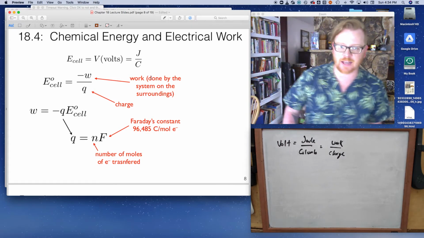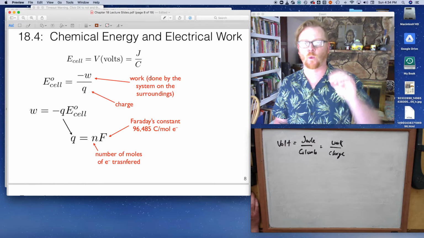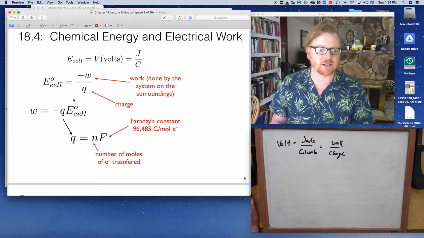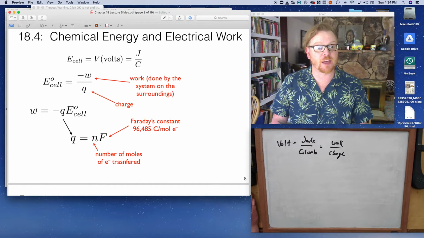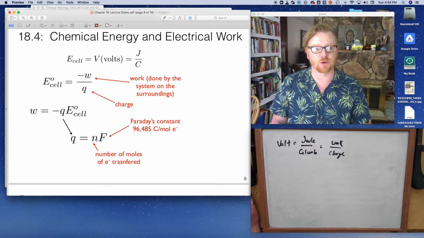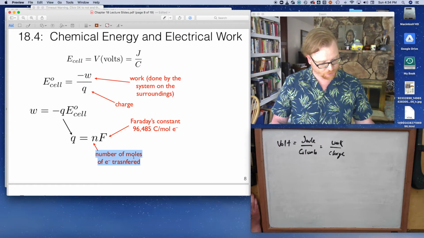This is exothermic work. Our electrochemical cell is doing work for us. If you rearrange this algebraically, the work done by an electrochemical cell is negative Q times E cell. Well, what's Q? Q is charge, and that charge is specifically going to be the number of moles of electrons transferred.